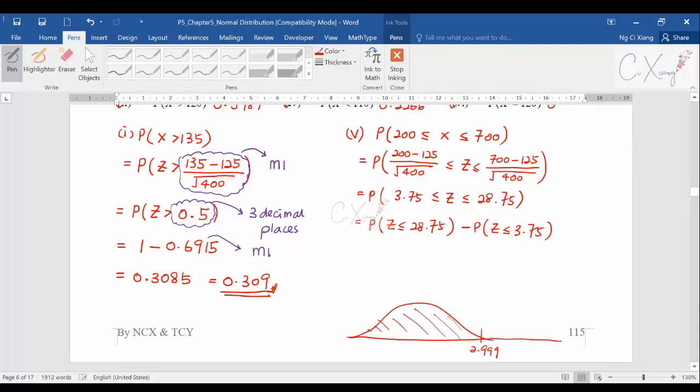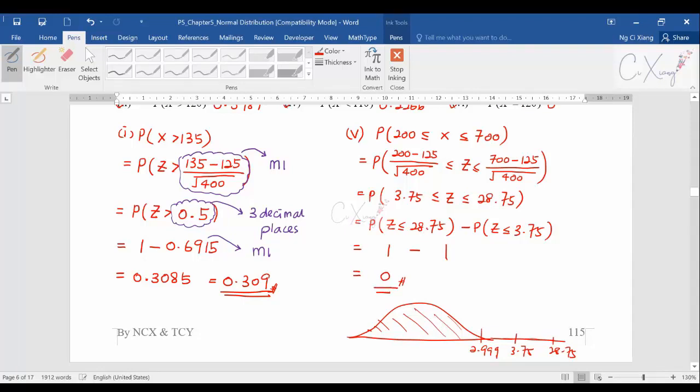If I'm having smaller than 28.75, that means it covers the whole area below the graph, on the left hand side of the graph. So the whole area is 1, minus P(z smaller than 3.75). So smaller than 3.75, it also means that it covers the whole area, which is 1. So 1 minus 1, you will get a 0.